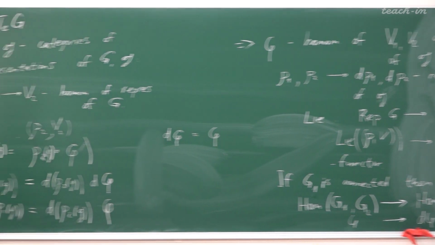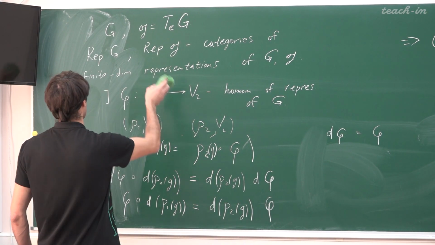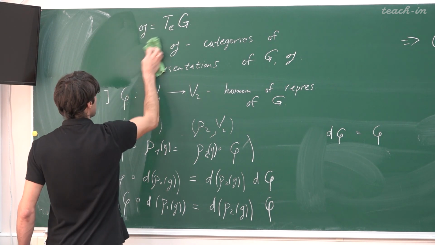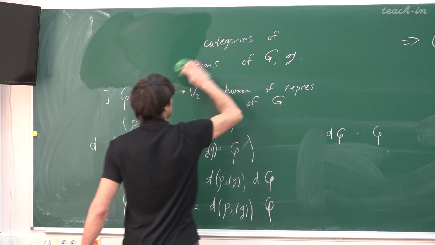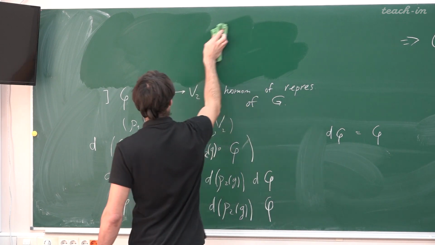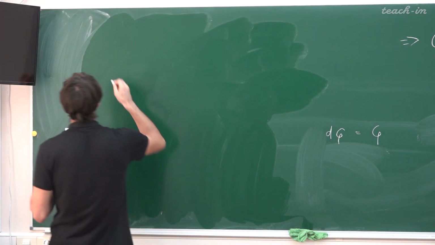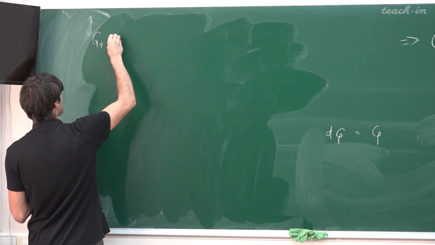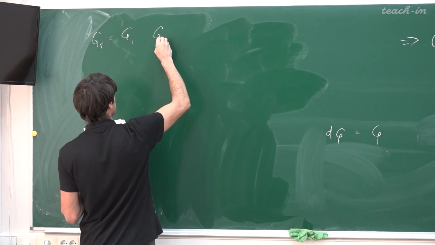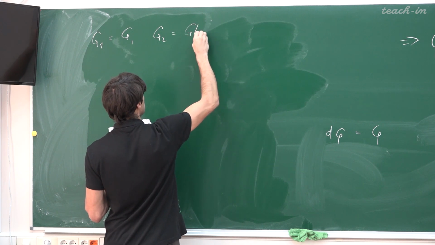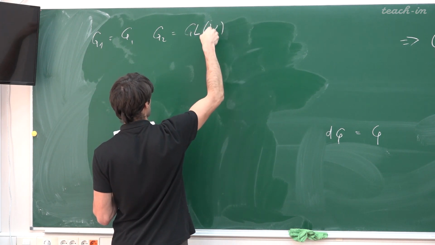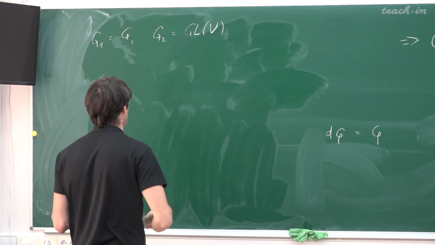Well, what does it mean in our setting? In our setting, G1 is G and G2 is GL(V), where V is our representation.